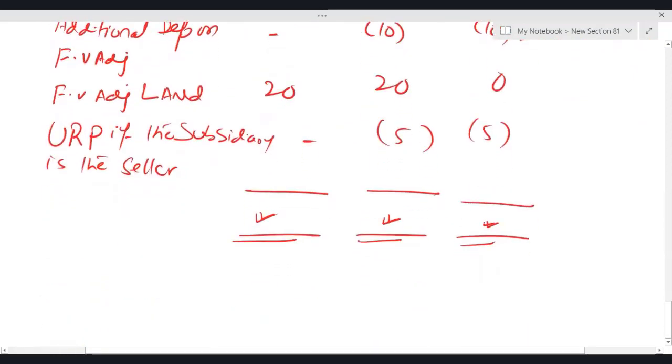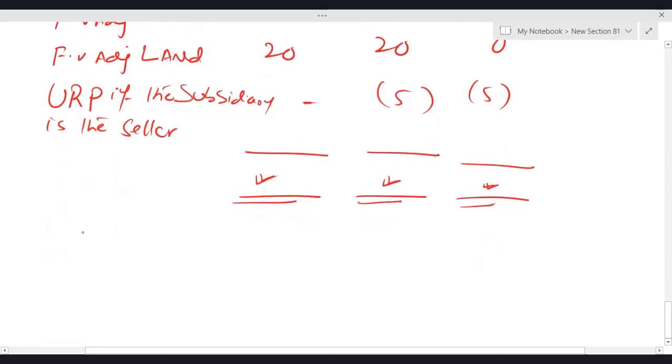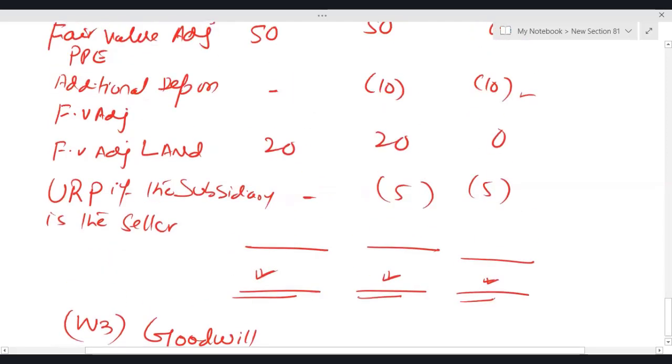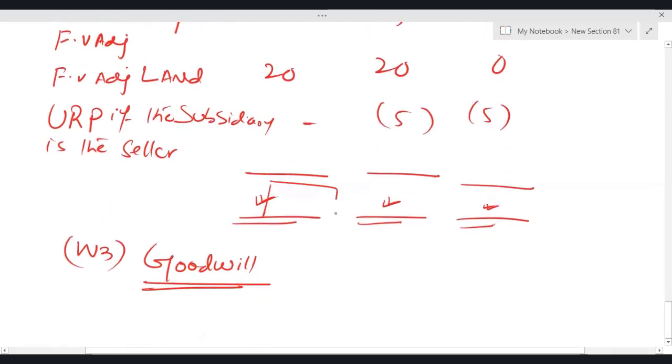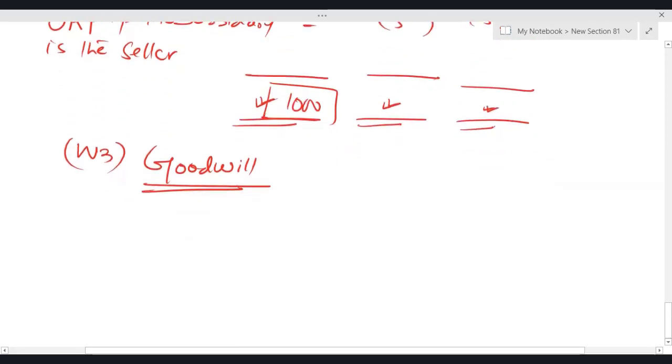This is working 2. Now let's go for working 3, which is goodwill. Step 3. Working 3, step 3 is goodwill. Okay. I'm just assuming that this value is 1000. I'm just assuming, please. Goodwill. Now, you have to take cost of investment of parent.